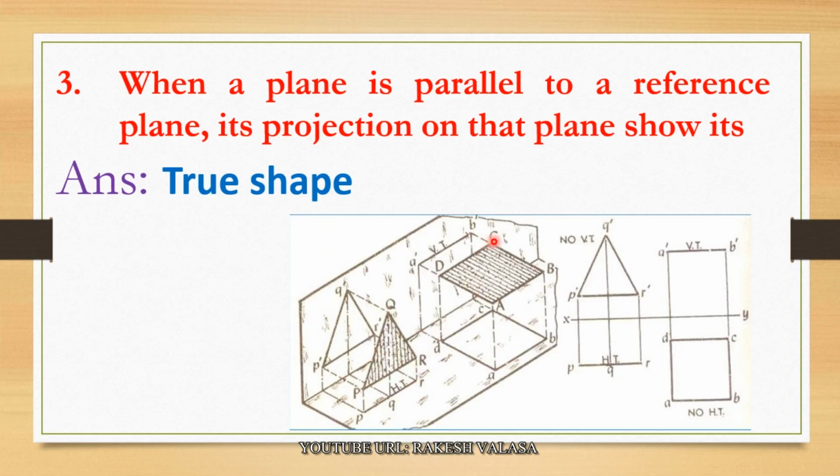You can see the second example, square plane ABCD. This is parallel to the horizontal plane, so its true shape projects on the horizontal plane. So the answer is true shape. When a plane is parallel to a reference plane, its projection on that plane shows its true shape only.